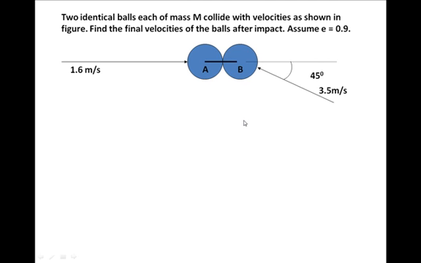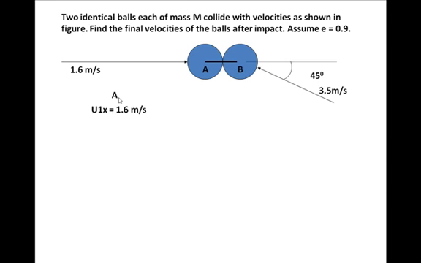So let's take the first problem, which says two identical balls, each of mass m, collide with velocities as shown in the figure. Find the final velocities of the balls after impact. Assume E to be 0.9. Now you see in these problems, it is advisable to write data a little systematically.